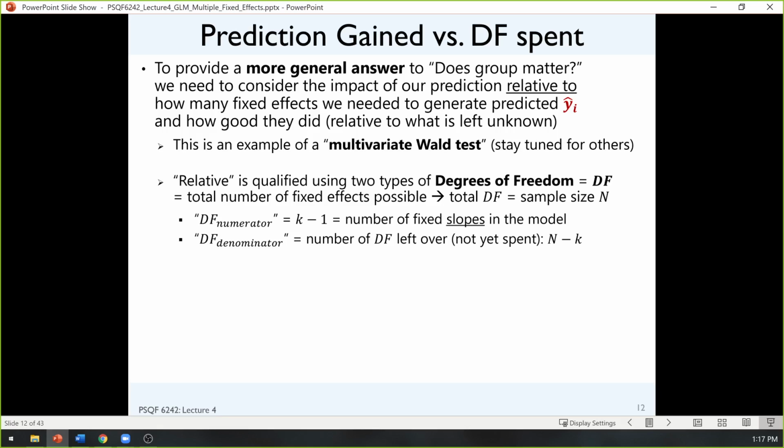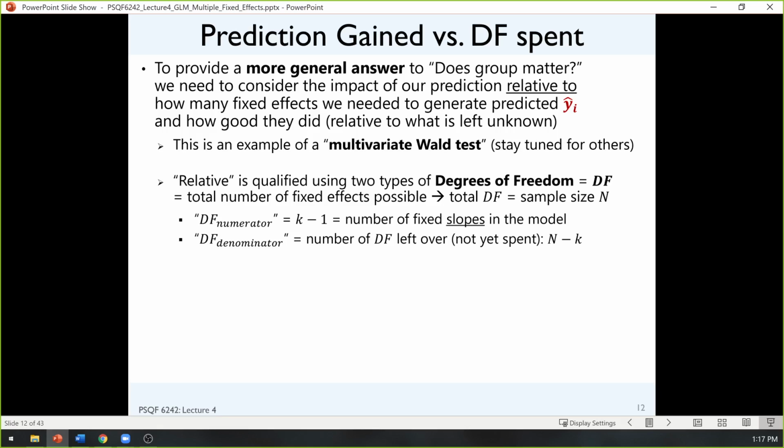So in answering the question, how good did my model do? How well does the y hat that's predicted by the model correlate with the original y? I need to know how many slopes it took to get to that level of prediction. So in our current example, we've got 2. Because we have a 3-category variable, it takes 2 slopes to distinguish the 3 categories. If I had a 4-category variable, how many slopes would it take instead? 3 slopes.